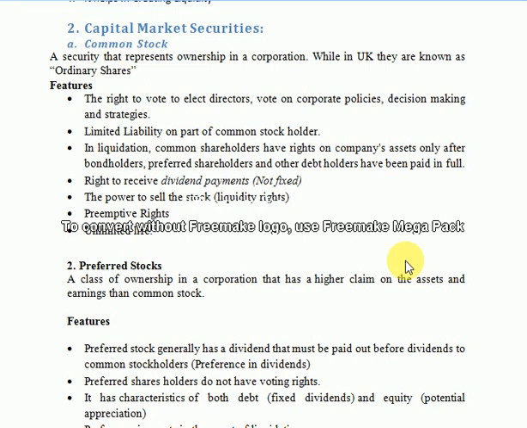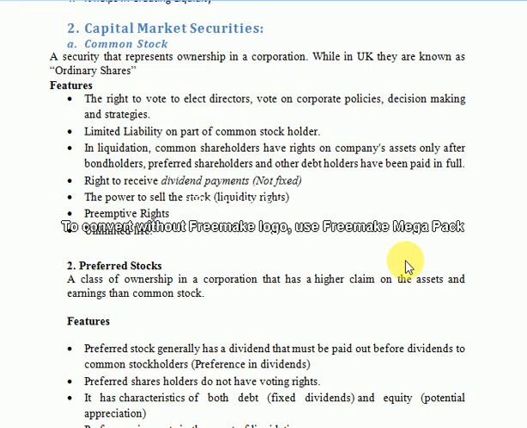The rights to vote and elect directors, and to vote on corporate policies, decision making and strategies. Common stockholders have ownership rights, so they have the right to elect, not select, keep in mind, to elect the board of directors to make the corporate policy. Voting is also conducted on different corporate policies.